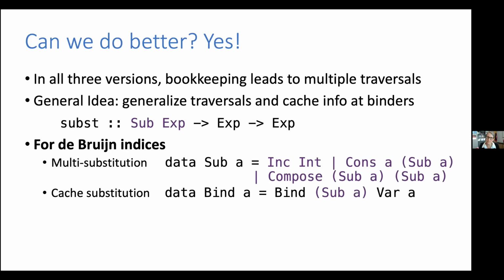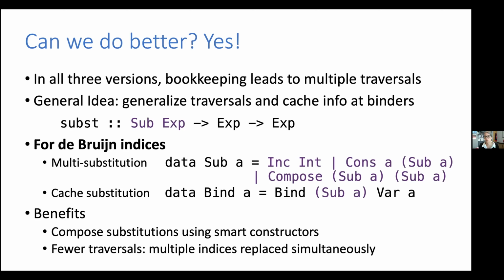I'm not going to really explain how this data type definition for substitution actually represents substituting for all indices at once, but it's a very efficient representation of a substitution for indices in a lambda calculus term. And here I found that if you cache a substitution, so you don't actually apply it all the way, then you can compose substitutions represented in this way very efficiently.